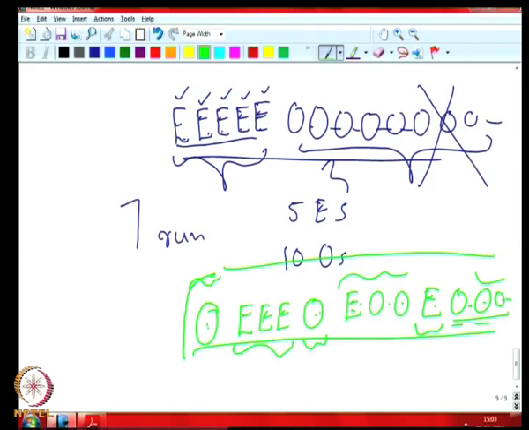Now, how many patterns are valid, in the sense that in the sequence we have exactly 15 letters, each letter is either an E or an O, the total number of E's is equal to 5, the total number of O's is equal to 10, and we also want to make sure that the number of runs is equal to 7. You can notice that if the number of runs is 7, we can do it in 2 ways.